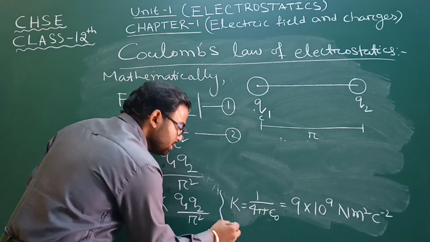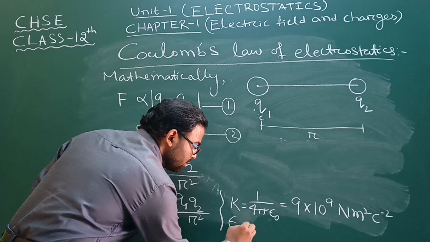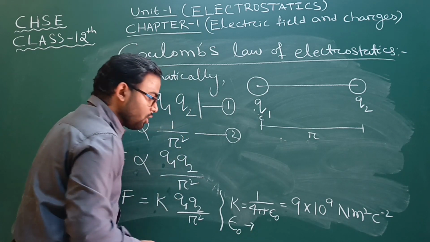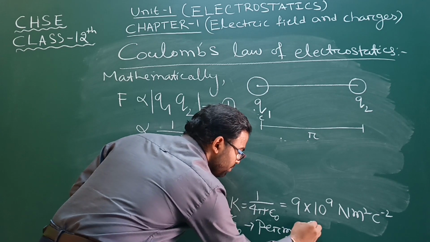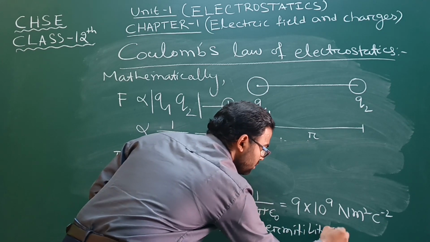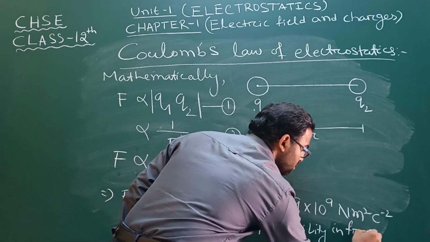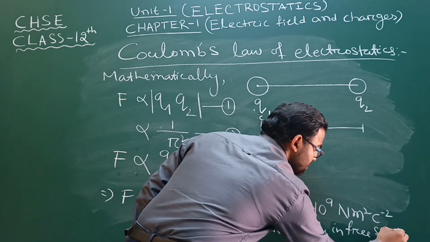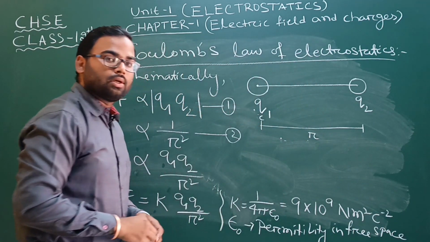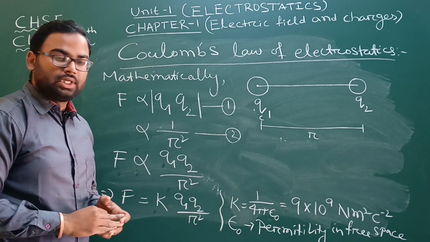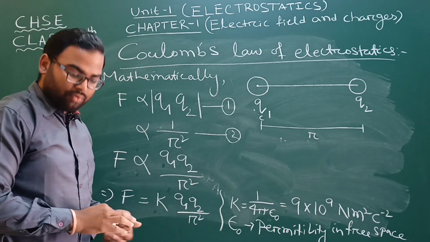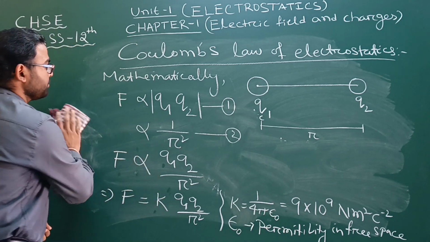What is epsilon 0? Epsilon 0 is called permittivity in free space.